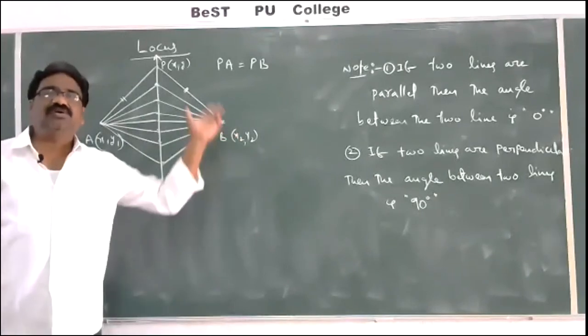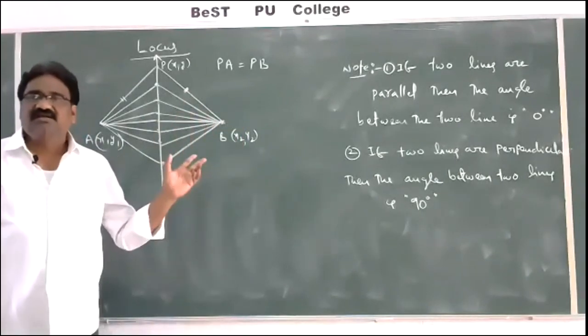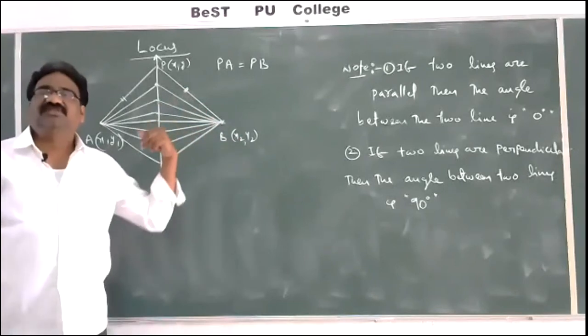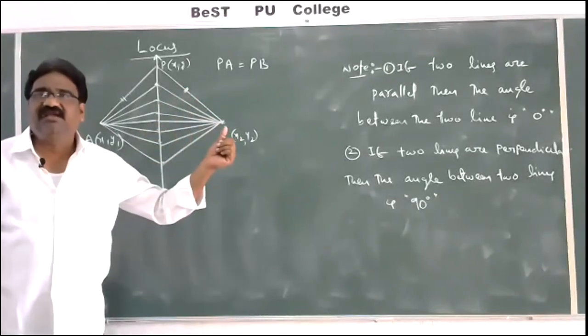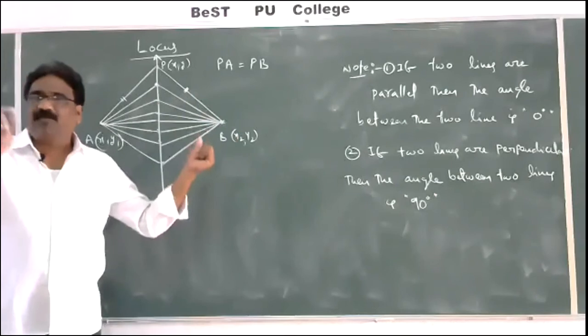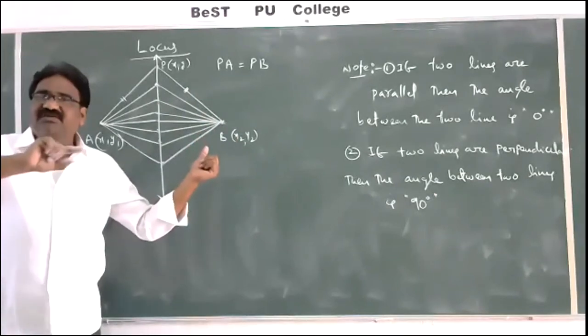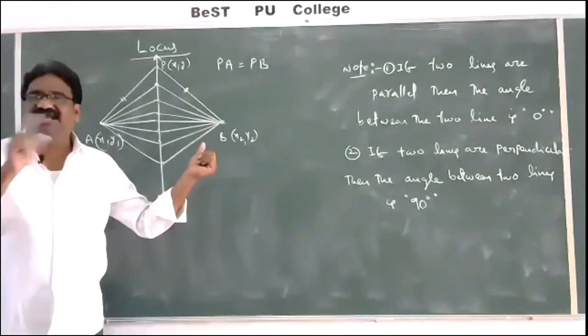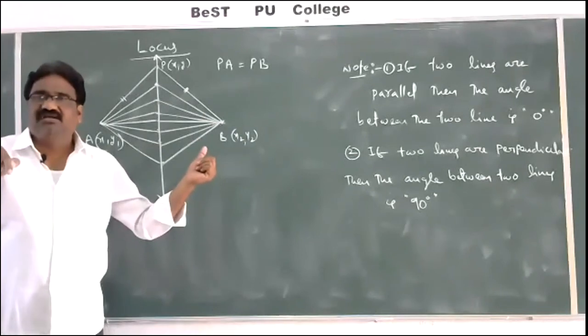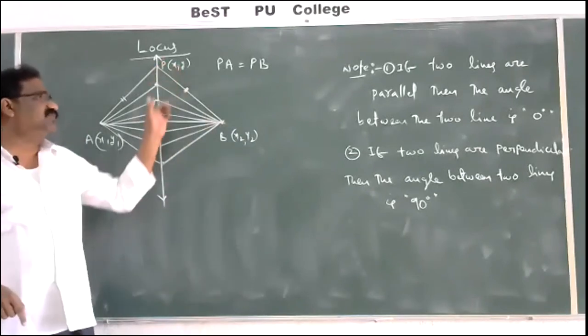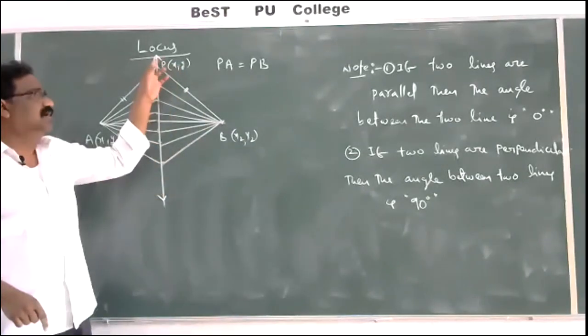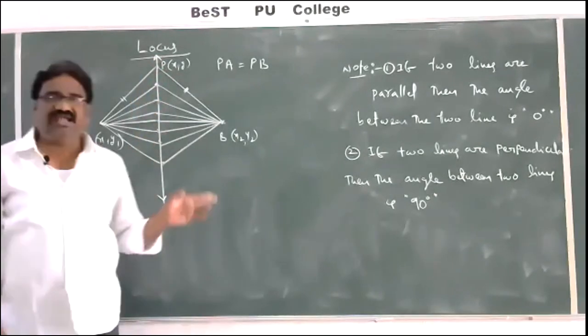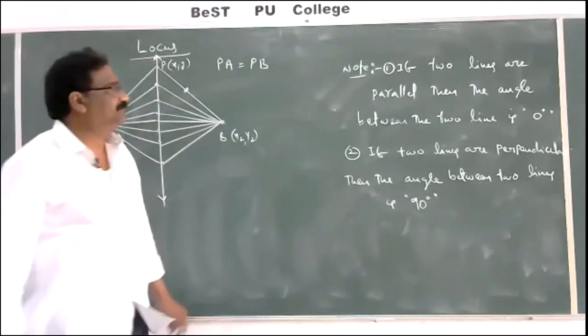PA is equal to PB. That means P is equidistant from the fixed points A and B. The point P is moving, equidistant from the fixed points A and B. This is the condition. So this point satisfies this condition. The set of these points is called a locus. Right definition? Locus.